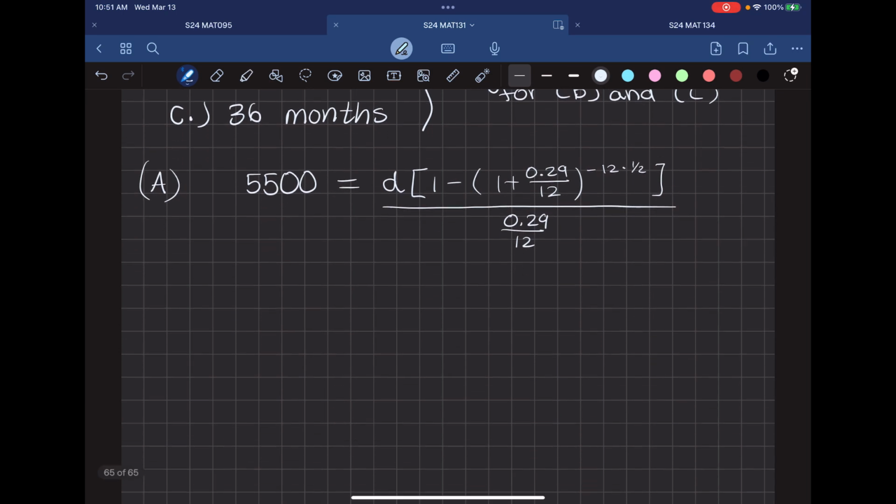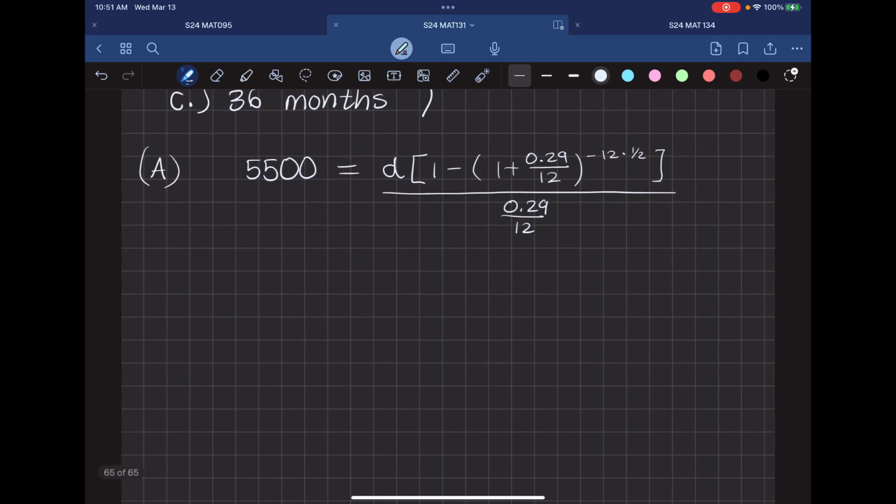And then we can solve for D, right? And similar to the savings annuity, we just multiply by the 0.29 divided by 12 and then divide by this chunk in the brackets. And we go through that process. We'll end up getting D is equal to, if you rearrange stuff at a point, you'll get 5,500 times 0.29 divided by 12.